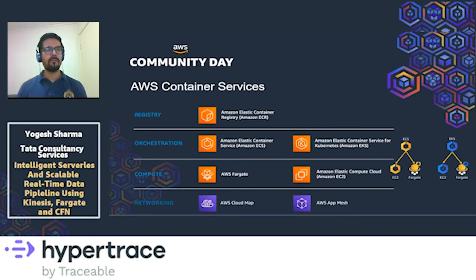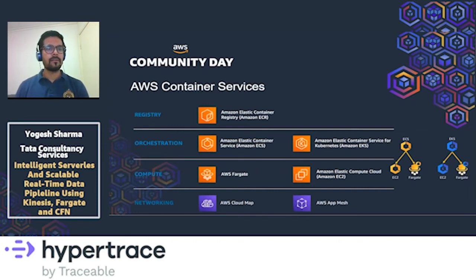On the compute part, we can either choose basic EC2 Elastic Compute machines, or Fargate, which is the serverless flavor of the container services. And on the networking side, we can integrate our containers with AWS Cloud Map and App Mesh also.